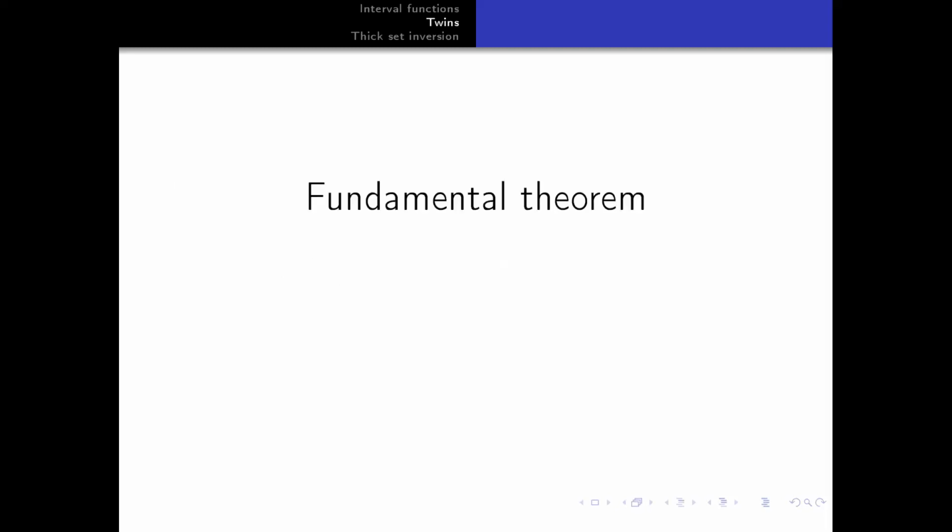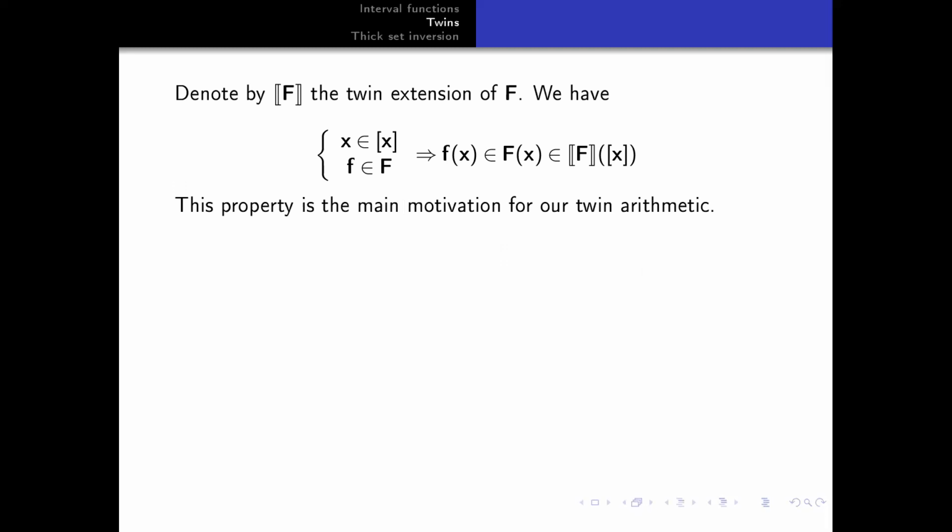So the fundamental theorem, which is similar to the fundamental theorem of interval arithmetic, will be the following. If f is an interval thick function, and if double square F is the corresponding twin extension using the twin arithmetic, and if I take any function f which belongs to the thick function, if I take x inside this box, it means that the image by f of x belongs to F of x.